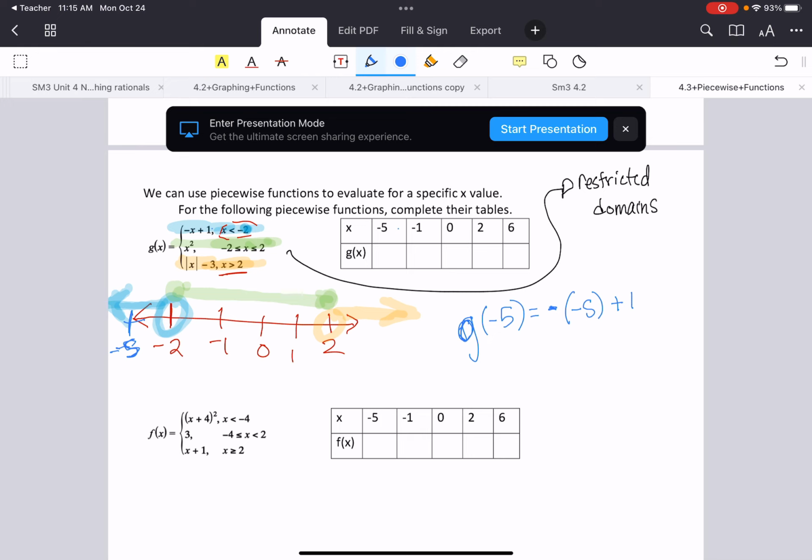This is the function notation that we learned. Yep, negative, parentheses, -5. So this is like -1 times -5. Let's solve this one first. 6.